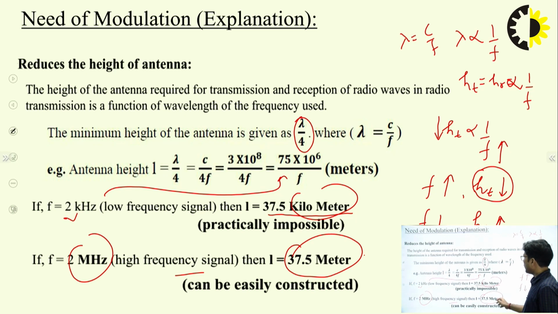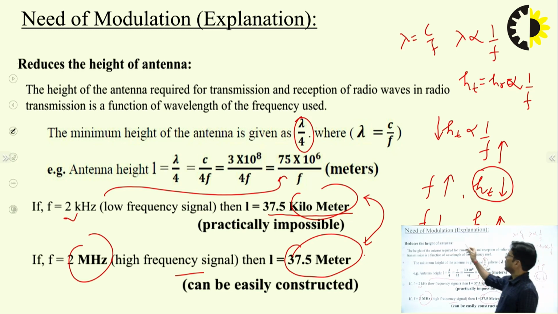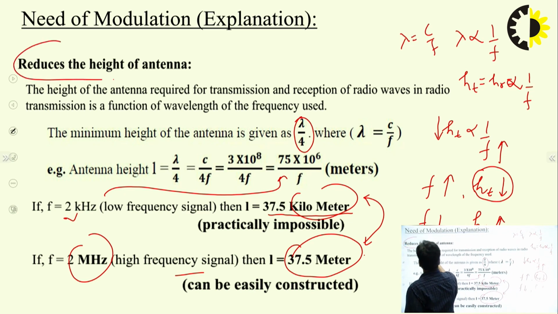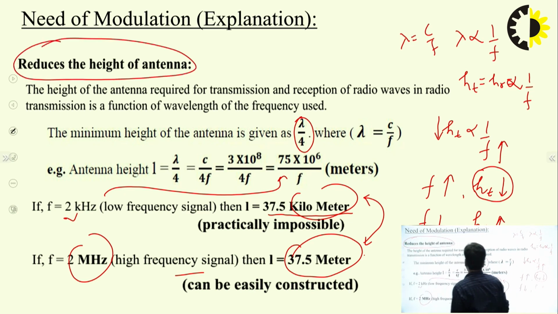So practically it is possible to have this much height of the antenna, and the reduction of the height is achieved. So one advantage of doing the modulation is that it reduces the height of the antenna, the most important advantage of the modulation process, right. I think this one is clear.